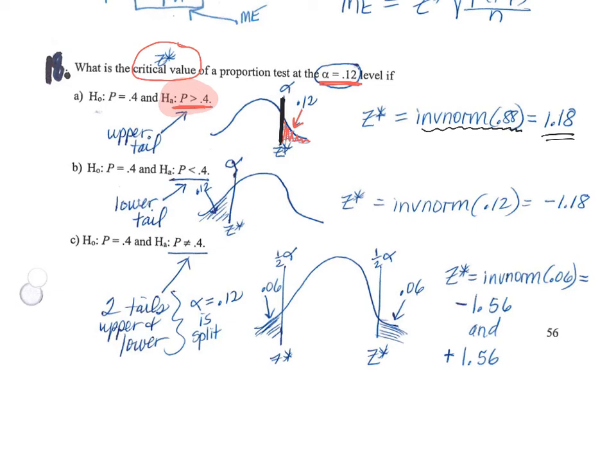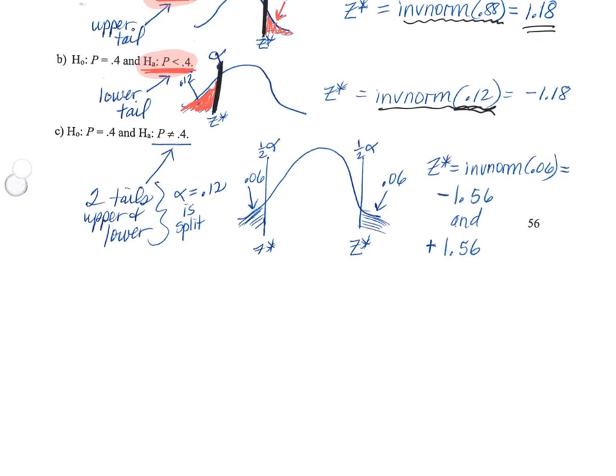Okay, look at part B. B says the alternative is having p less than 0.4, the lower tail, the entire rejection region is in the lower tail. So 12% is down there. Okay. So then to get this z-score right here, I'm going to do inverse norm of the 12% below, and that is a negative 1.18.